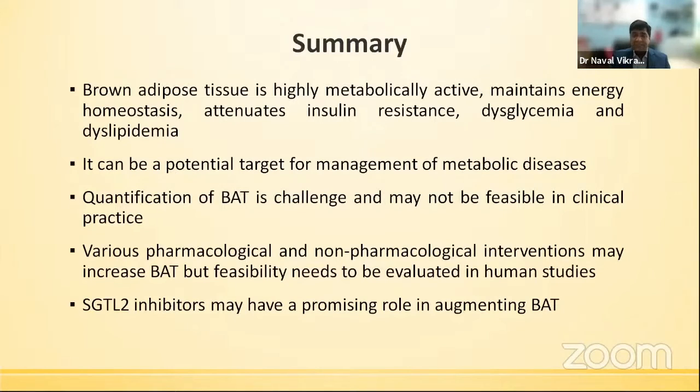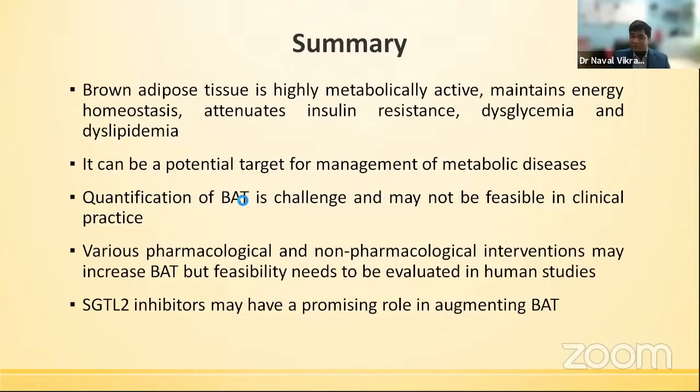But I must say that the various lifestyle, dietary, exercise and other interventions being targeted for brown adipose tissue will, as such, have a beneficial effect on the various metabolic parameters. So do we really need to identify or try to increase brown adipose tissue? I don't know. That's an open question.